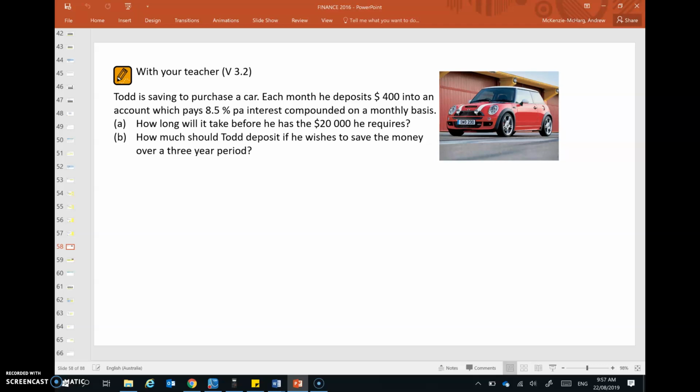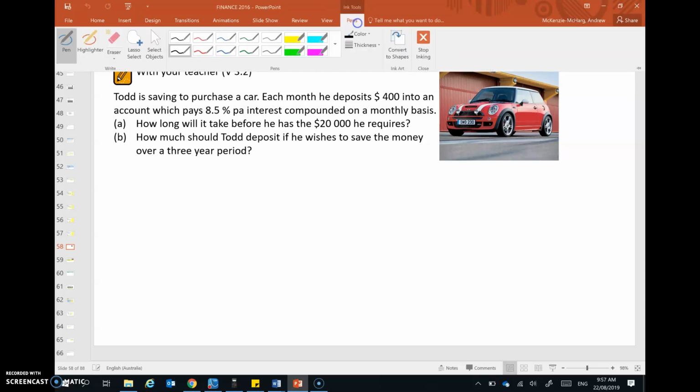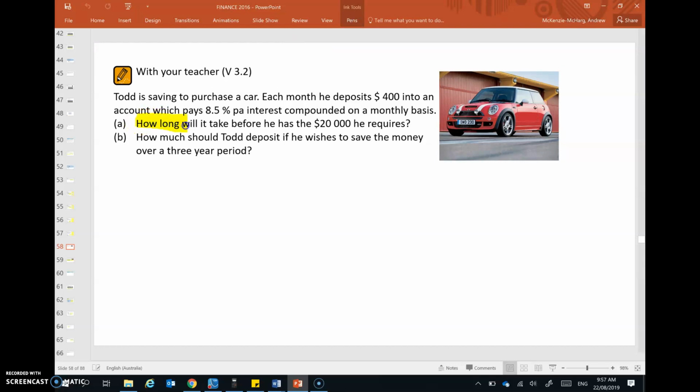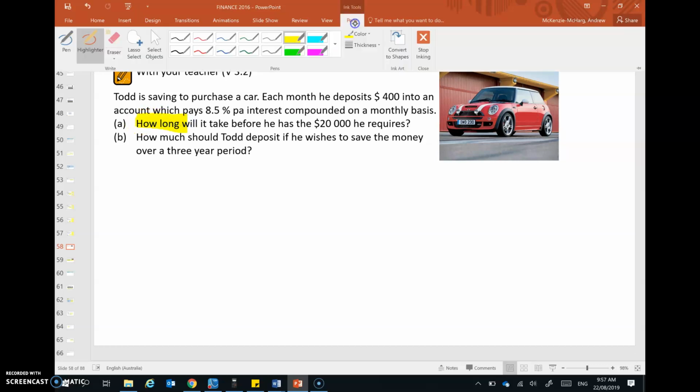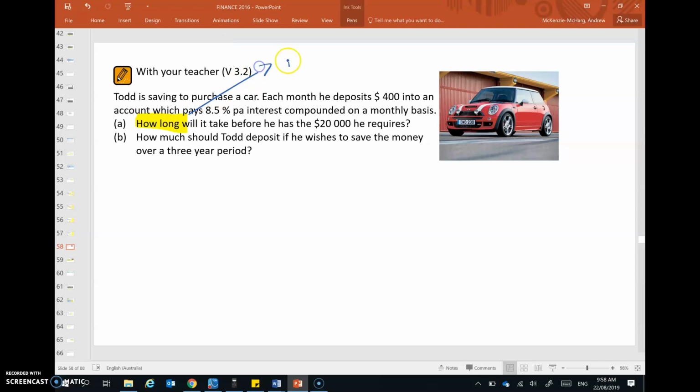So when they're asking how long, they're essentially asking the N value, the number of periods. Okay, and that can be solved algebraically, but for the scope of our course in General Maths Level 3, we don't need to do that algebraically.